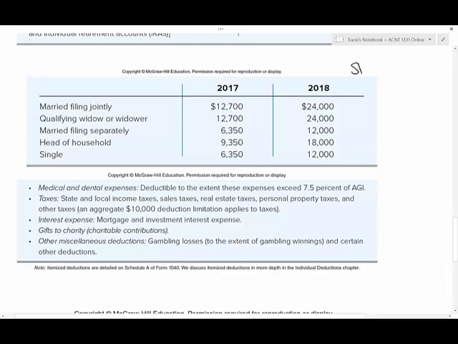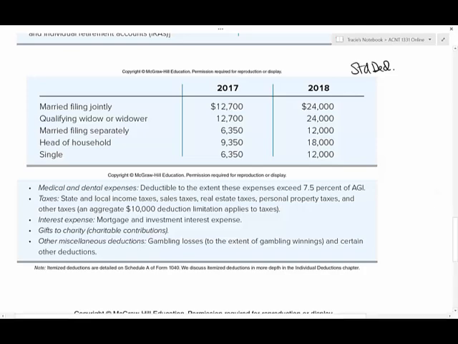Let's talk about the standard deduction first. The first thing you'll note is that in this video, I'm using the 2018 standard deductions. If you're watching this recording in a different tax year, you'll need to find the standard deductions in the textbook for you.